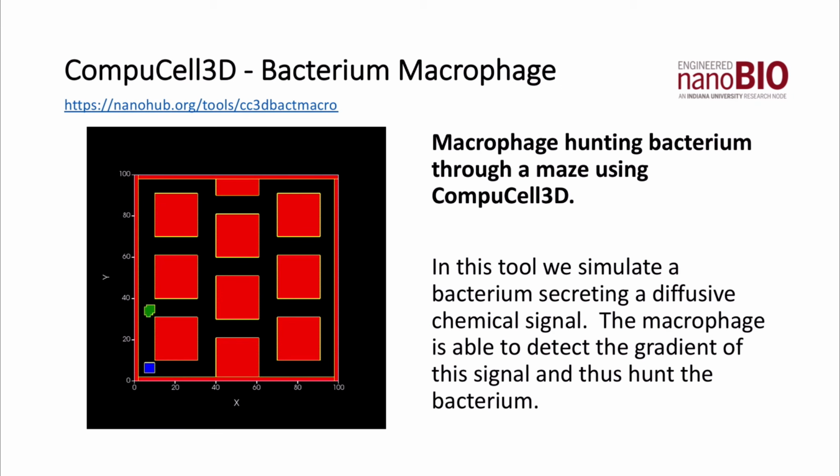This next example shows a green macrophage hunting a blue bacterium through a maze. The bacterium secretes a diffusive chemical signal that the macrophage detects. By moving along the gradient of this chemical signal, the macrophage can hunt the bacterium.